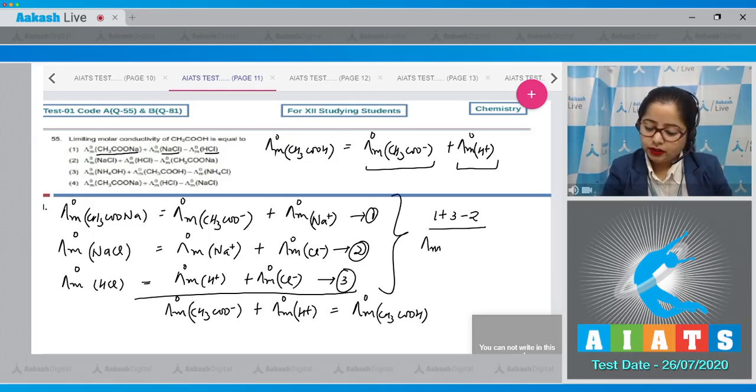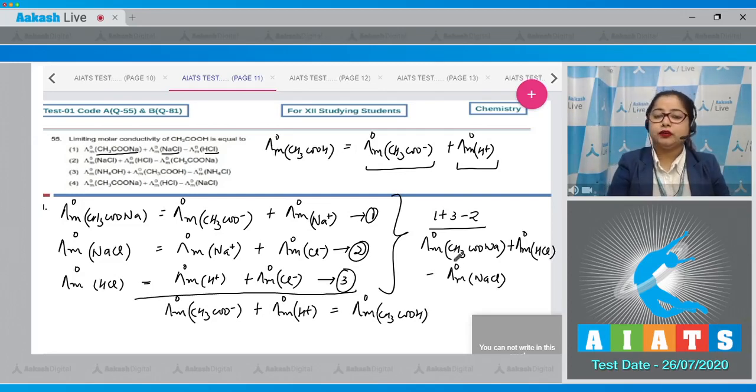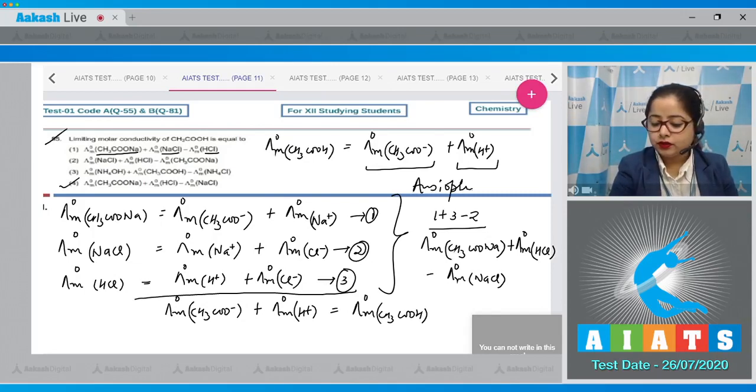So limiting molar conductivity of sodium acetate plus limiting molar conductivity of HCl minus limiting molar conductivity of NaCl would be equal to limiting molar conductivity of acetic acid. That means the correct answer for this question is option number 4. Moving to next question, students, which is question number 56.